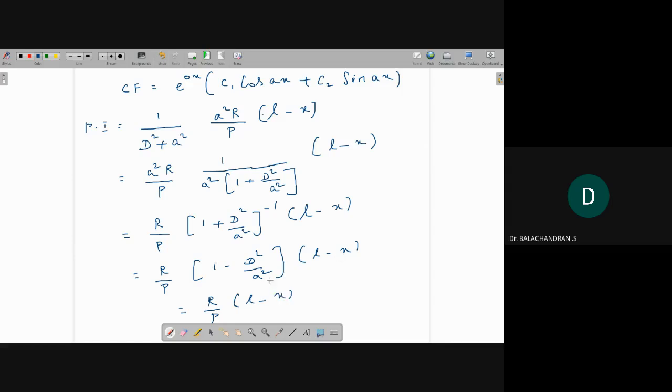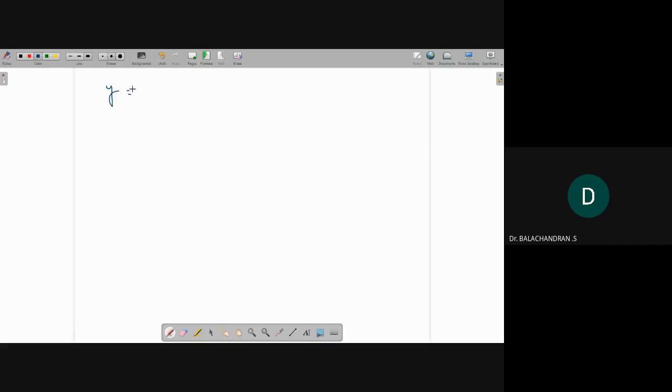So this is your PI. Now the general solution is y equals CF plus PI: c1 cos ax plus c2 sin ax plus R by P into L minus x. So this is equation 1.